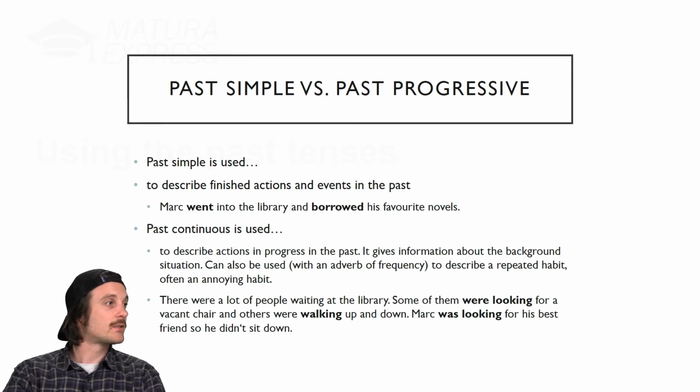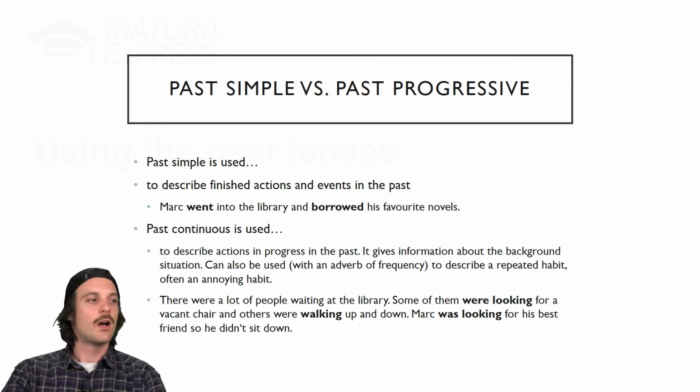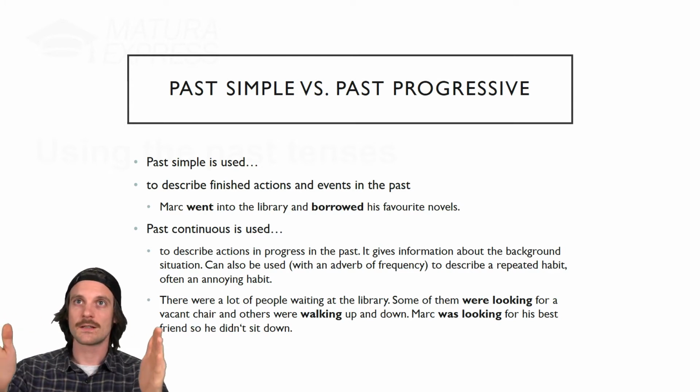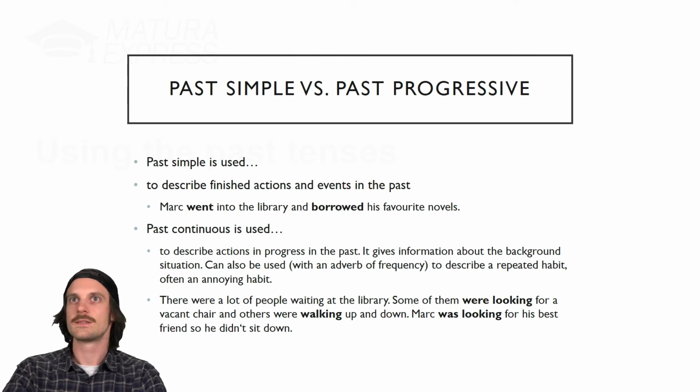You can use it as background action, such as he was walking on the wall, when a bird did something to him, and something happened, of course. And he was walking, so that's the longer action. Now you can see. And then something happened. Simply as that.